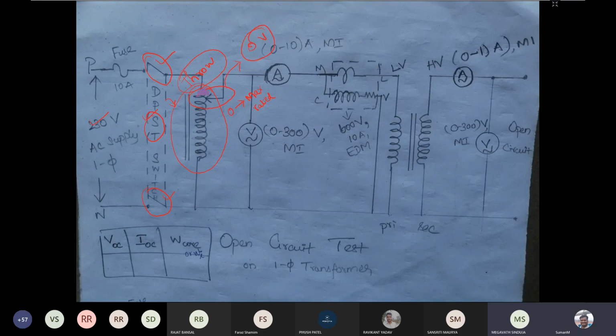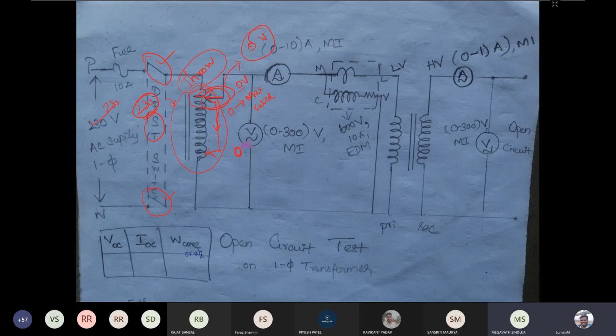When it is connected near the top, if you are applying 230 volt here, the voltage seen at the auto transformer output will be 0 volt, whereas the input is 230 volt. Even if the input is 230 volt, your output is 0 volt. This is a sliding option. When you change this slide from this position to this position, the voltage will increase from 0 to 230.